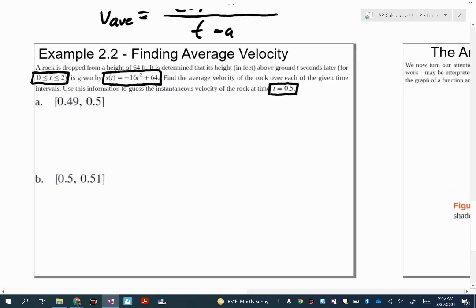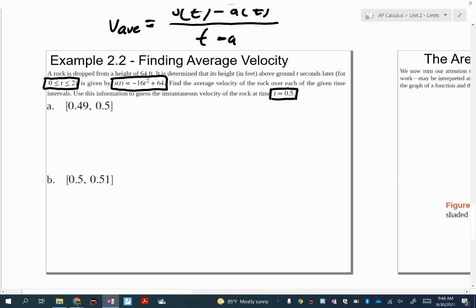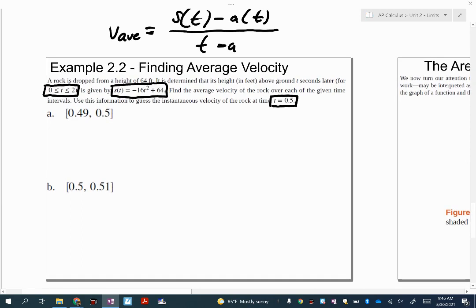For this one, it's going to be S of 0.5 minus S of 0.49, over the change in time, which is just 0.01 seconds. We can go to Desmos to get our y values.